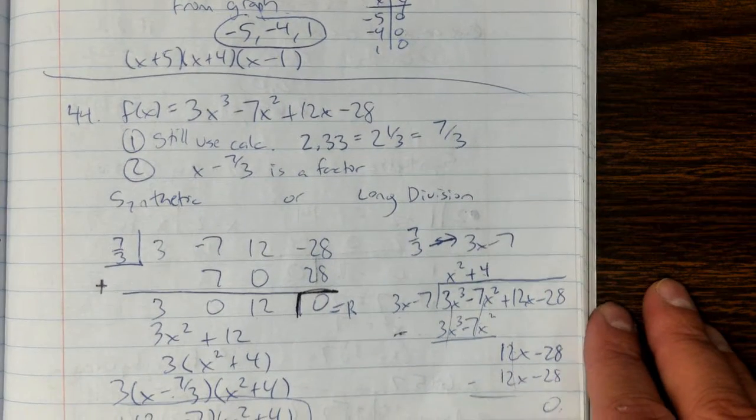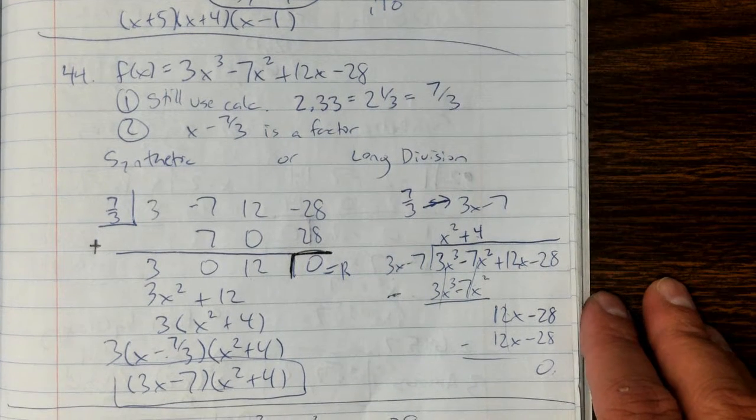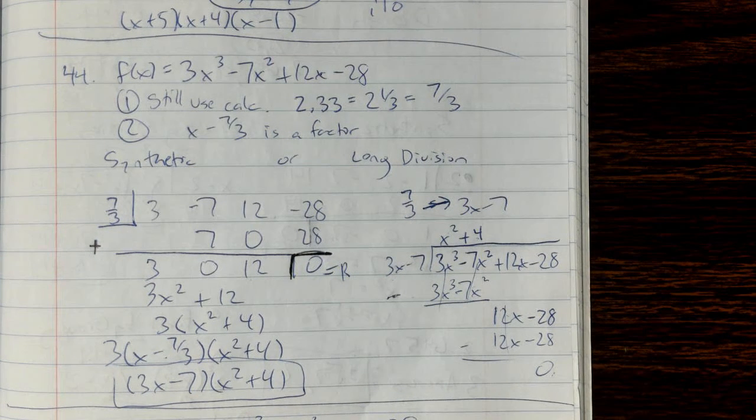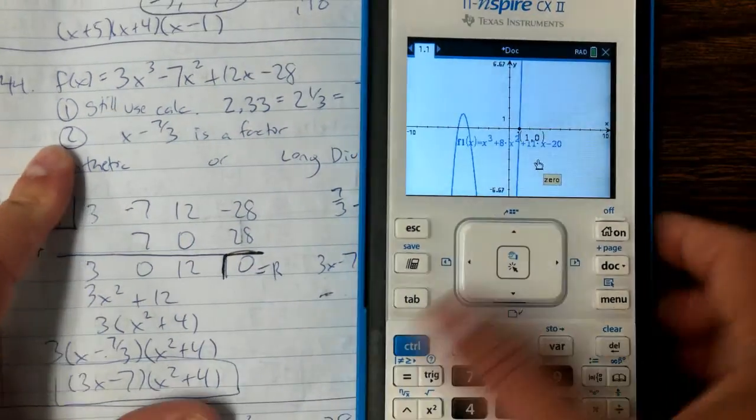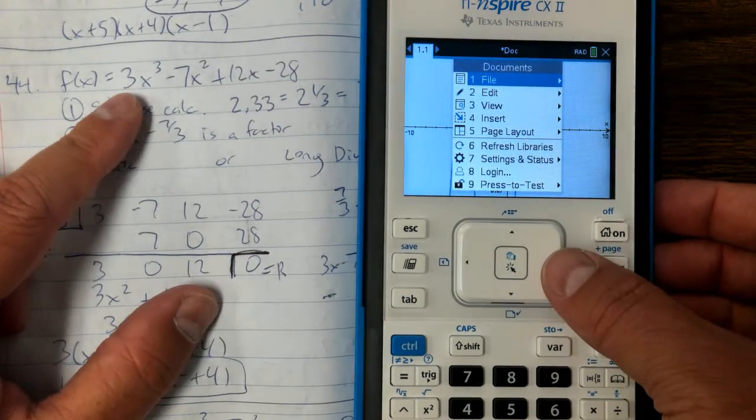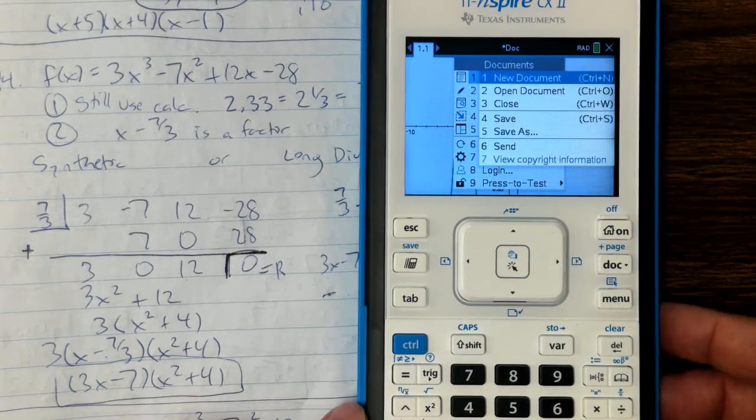Okay, number 44. On this one we have 3x to the third minus 7x squared plus 12x minus 28. So we're getting the x-intercept, otherwise known as the root. Your first step on all of this is, even though there's a 3 in front, you still want to use your calculator.